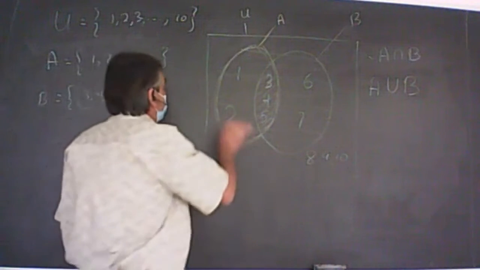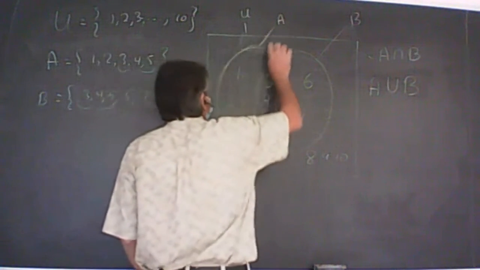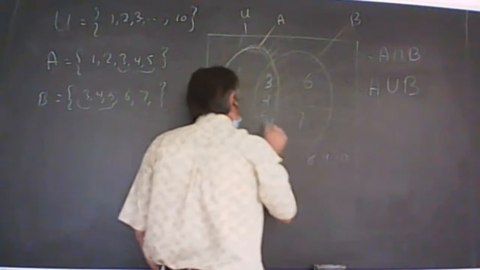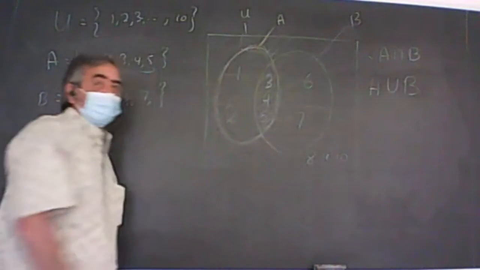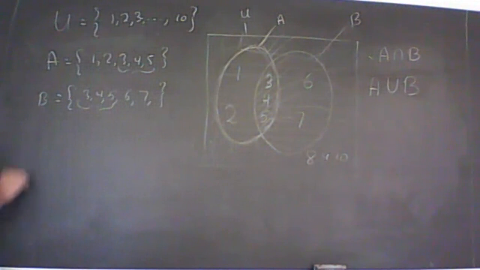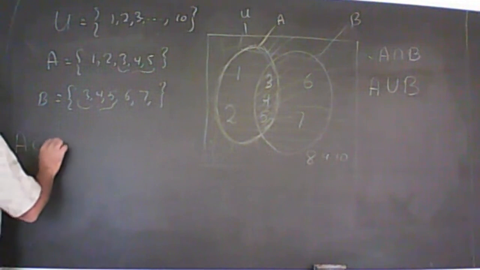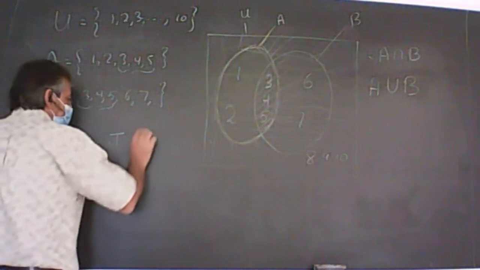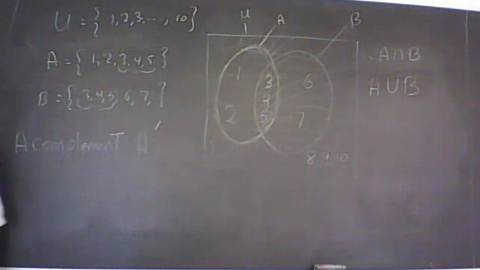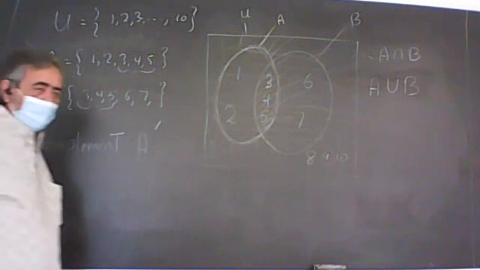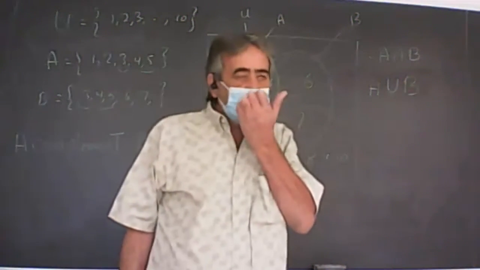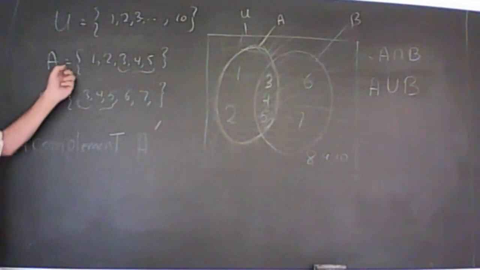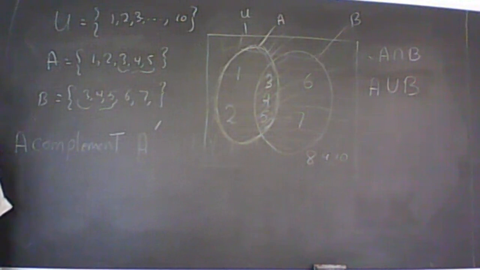Now, if I look at the circle A by itself, and I look at all the places outside the circle, everything outside the circle, we call that a complement or a prime. A complement or a prime are all the elements in the big set that are not in A. Yes?